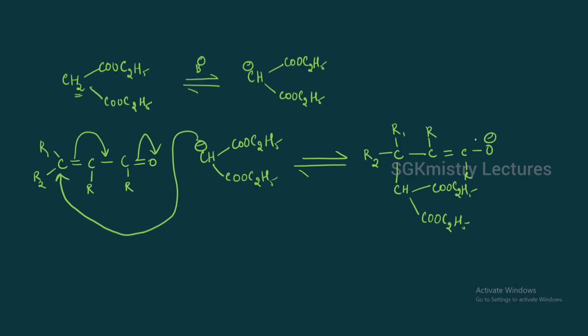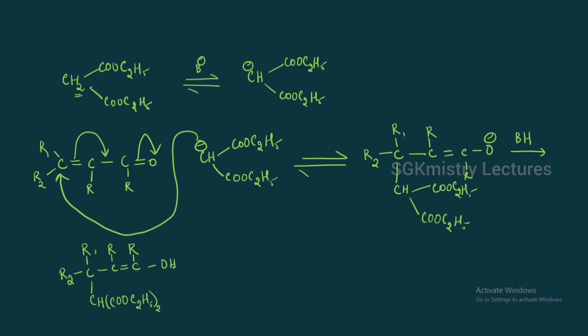In the presence of the base, which has already abstracted the proton, this O minus will get converted into OH. So you get R2, R1, CH(COOC2H5)2, then CR double bond CR with OH.